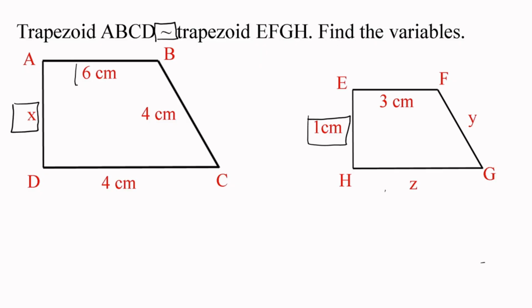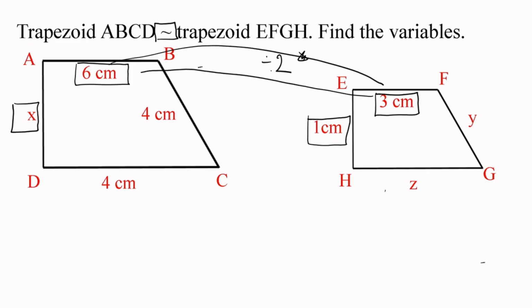What about this side? I have 6 here and I have 3 here, right? If I look at it, I will realize that this side is divided by 2, or this side is multiplied by 2. Both of them are correct. So I can understand that I must have the same relationship in all the sides.